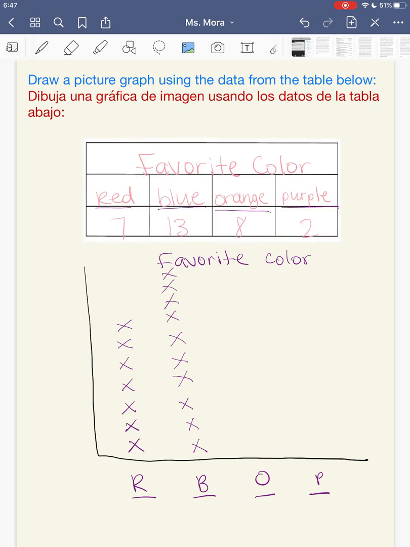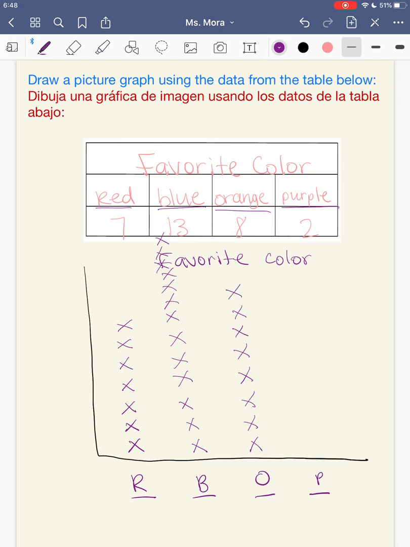Oops, guys. Can't move it up there. Okay, I'm going to just keep going at 1, 2, 3, 4, 5, 6, 7, 8, 9, 10, 11, 12, 13. People like blue. And then for orange, we had 1, 2, 3, 4, 5, 6, 7, 8 people like orange. And 2 people like purple.